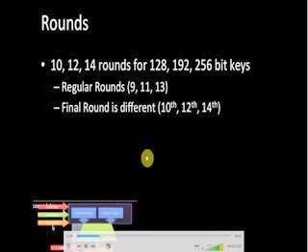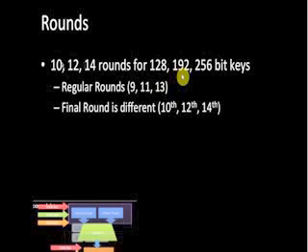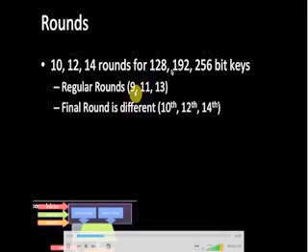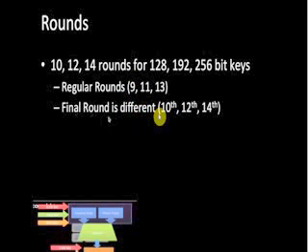Coming to the rounds, we have 10, 12, and 14 rounds for 128, 192, and 256-bit keys. There will be regular rounds, 9, 11, and 13, and the final round is different. In regular rounds we have four operations, but in the final round we have three operations. It will be explained in the next algorithm.